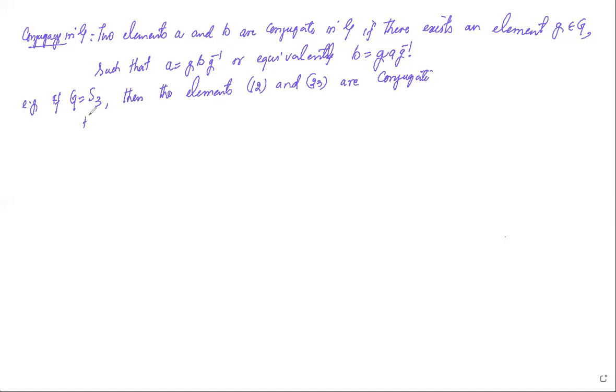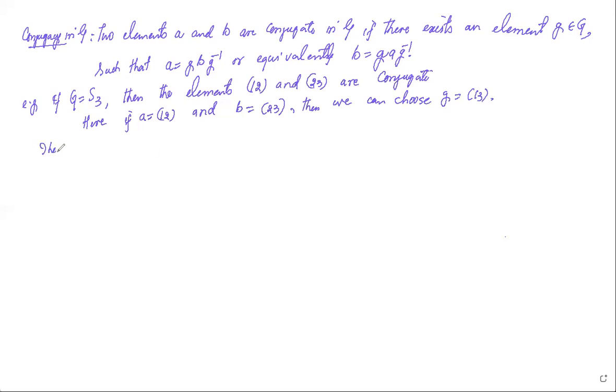So actually here if we choose A equal to (1 2) and B equal to (2 3), then we can choose g equal to (1 3).